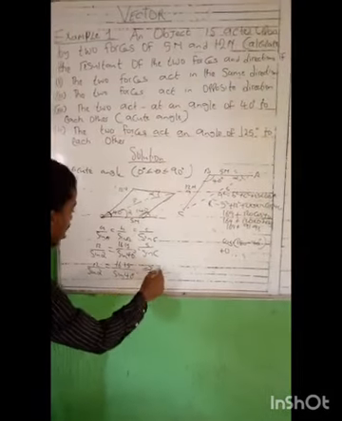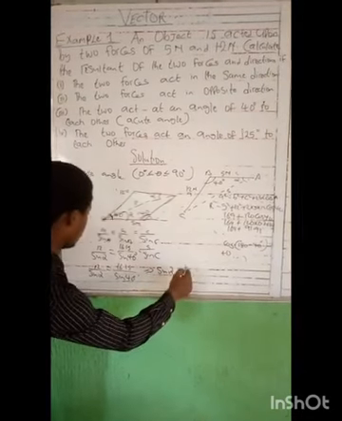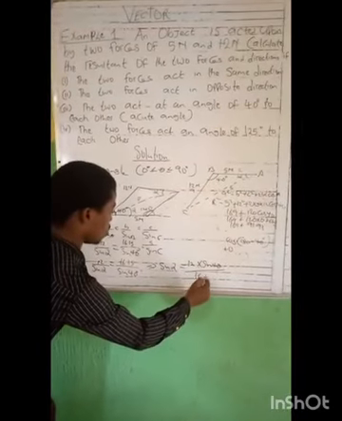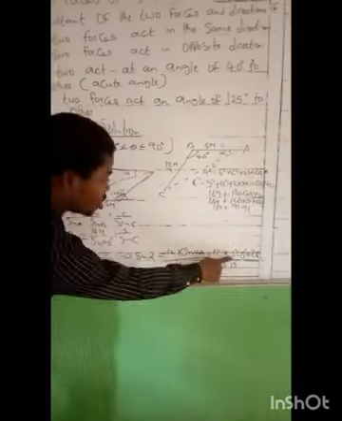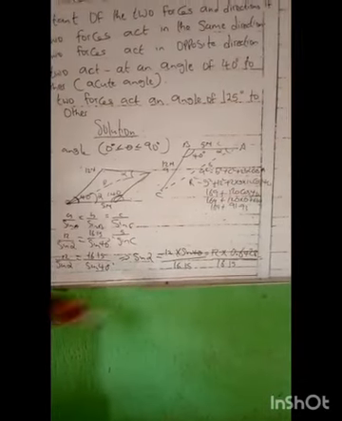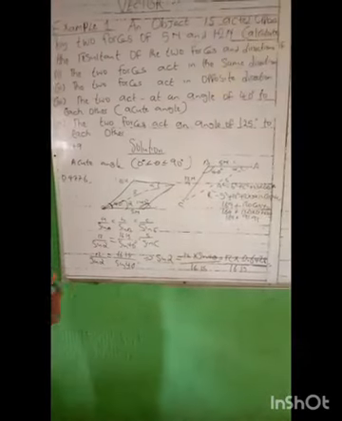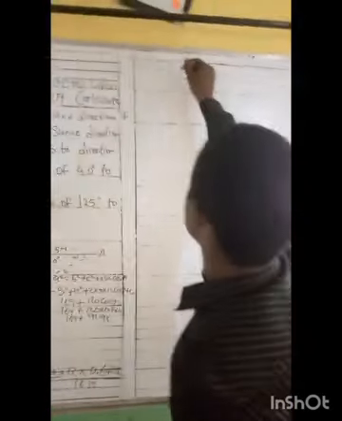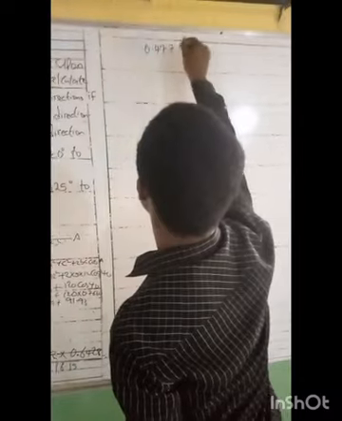By the time we do that, we'll see that our sine alpha is equal to 12 multiplied by sine 40 divided by 16.15. 12 multiplied by sine 40, which is 0.6428, divided by 16.15, is going to give us 0.4776.